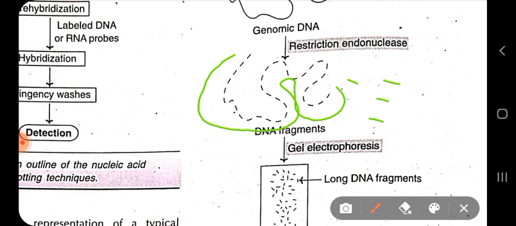In the first semester I told you that during DNA fingerprinting we use a single type of restriction enzyme, and the site where it cleaves the DNA is different for different individuals. It will closely resemble between father and son or mother and son, but for unrelated individuals the restriction sites are located in different places.